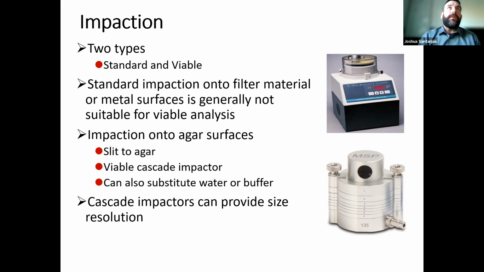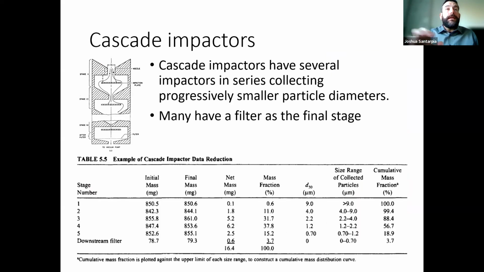I've also had a lot of luck with some of the smaller samplers using gelatin filters rather than the PTFE filters they recommend as the collection substrate. You can do that pretty well and still recover some viable microorganisms. So there are a lot of options when it comes to the adaptation of impaction type collectors for bioaerosol collection.